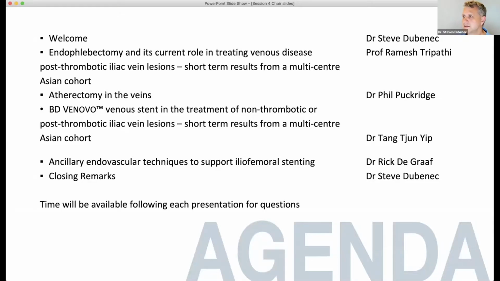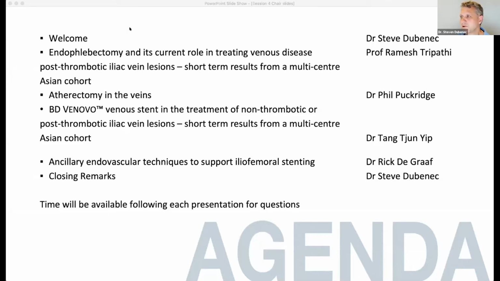And tonight we have our 4 talks. First of all, Professor Ramesh Tripathi will be talking about endophlebectomy and its current role in the treatment of venous disease. We will then go on and have Dr. Phil Puckridge speaking about something very novel, about atherectomy in veins.